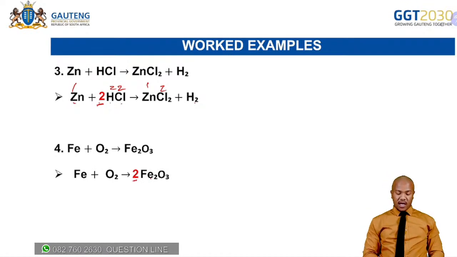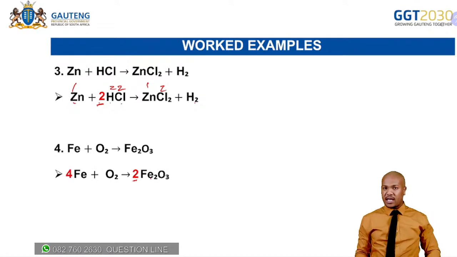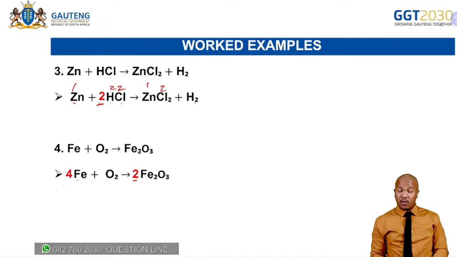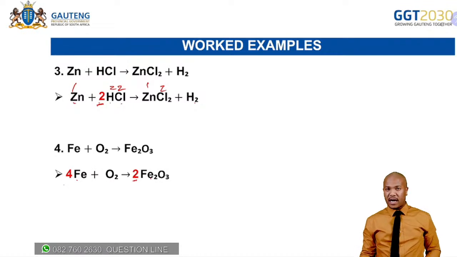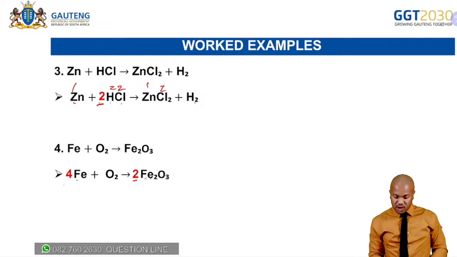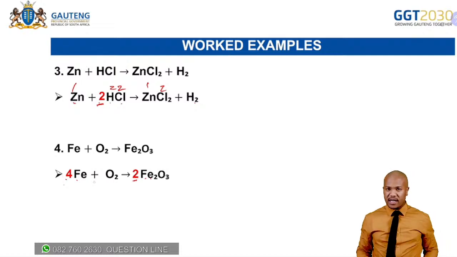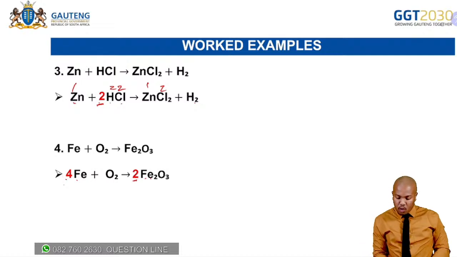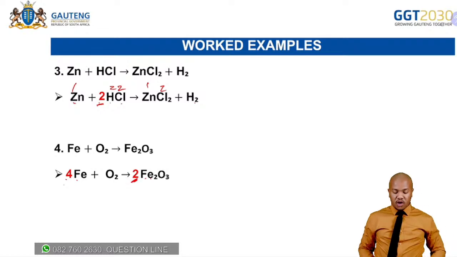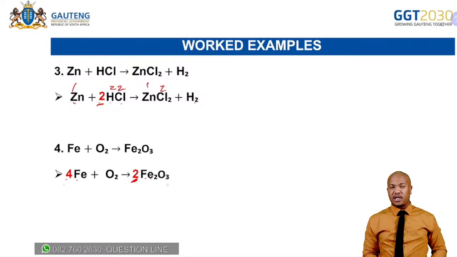We need a 4 on the reactant side to make it 4 times 1 equals 4 irons, right? So now we have 2 times 2, 4 irons on the products. 4 times 1, 4 irons on the reactant side. But this 2 also multiplied these 3 oxygens.